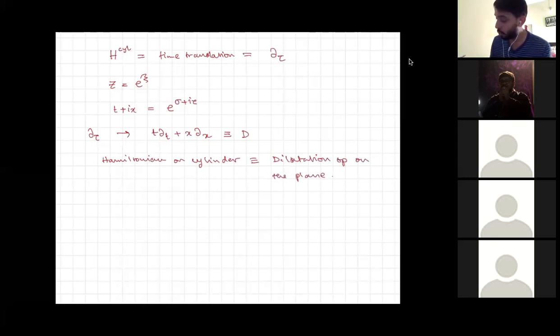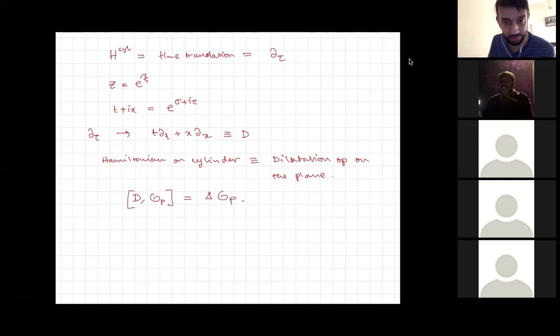Now, you would remember what we were doing earlier. We were labeling things. We had some particular operator p, and we were going to look at delta of p.